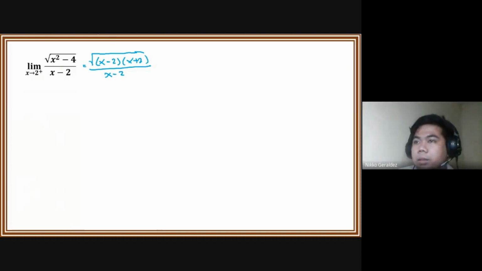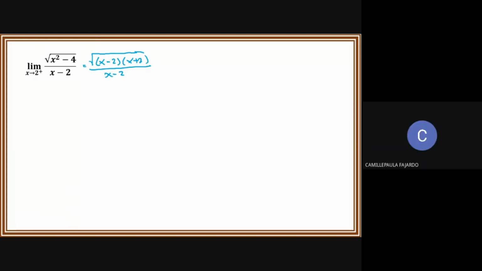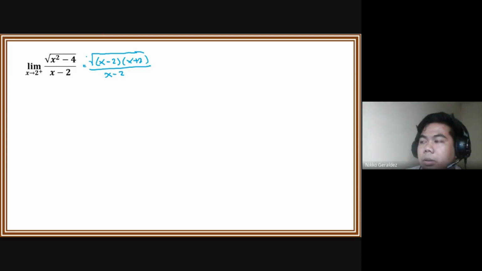Pero ang goal natin is ma-cancel tong x minus 2. Saka po i-conjugate after mag-factor. Ganun din po yun. Basta ang goal natin, mawala to x minus 2. So, paano natin maalis si x minus 2?